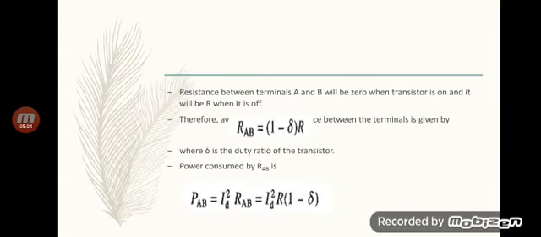The resistance between terminals A and B will be 0 when the transistor is on, and it will be R when it is off.